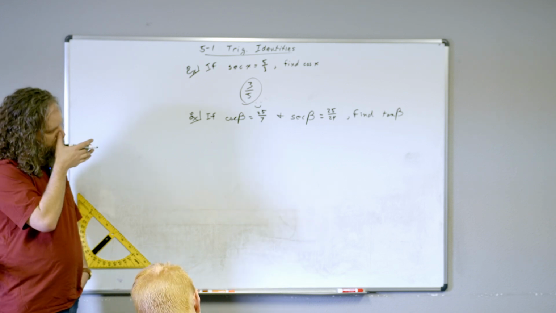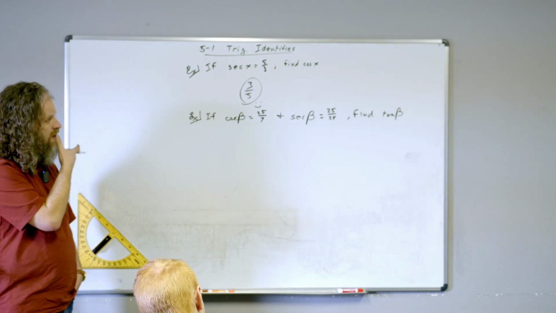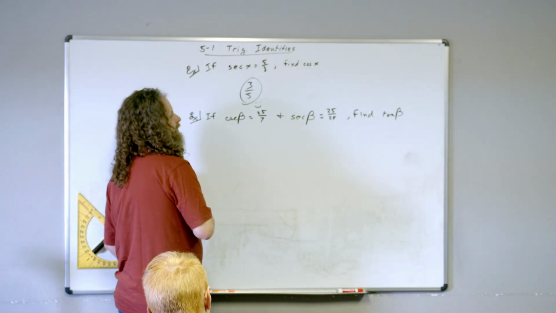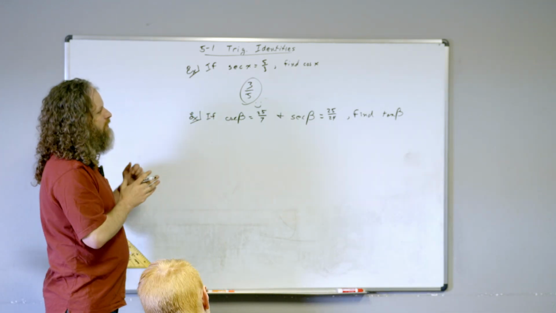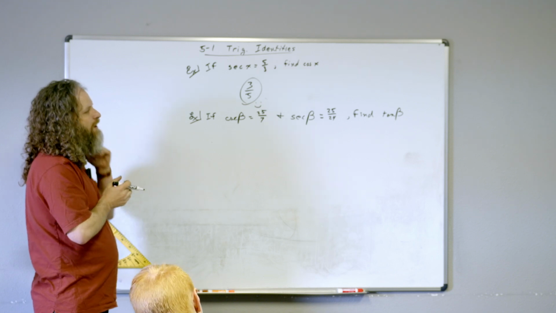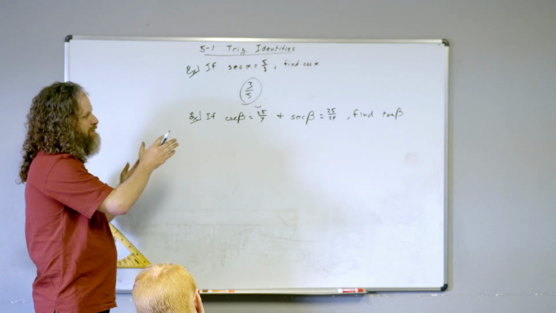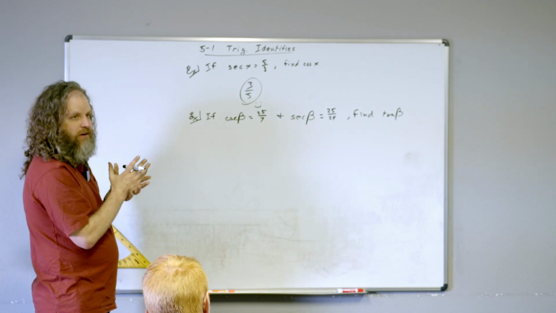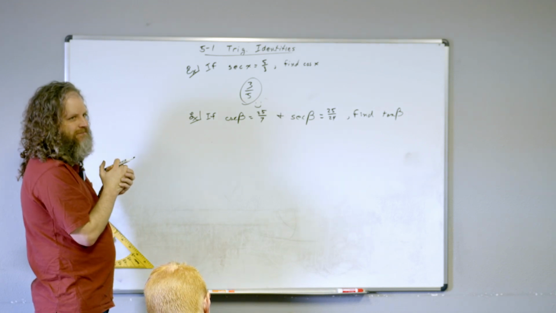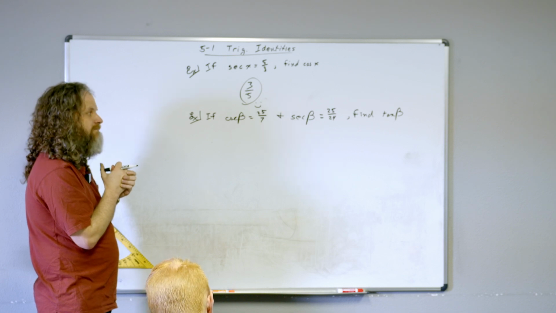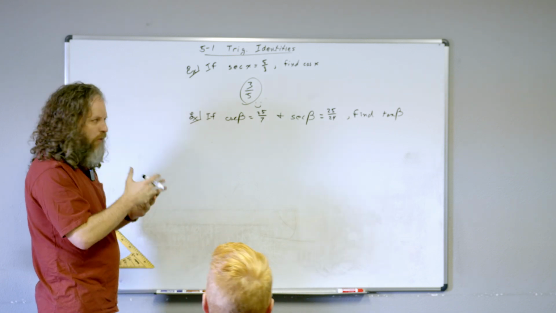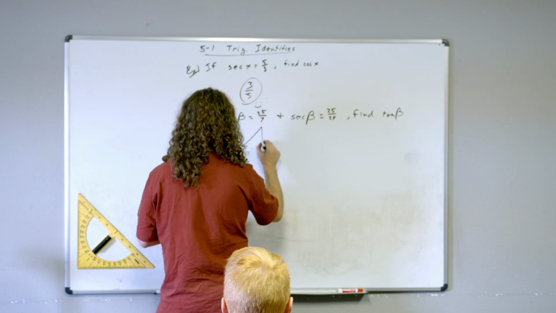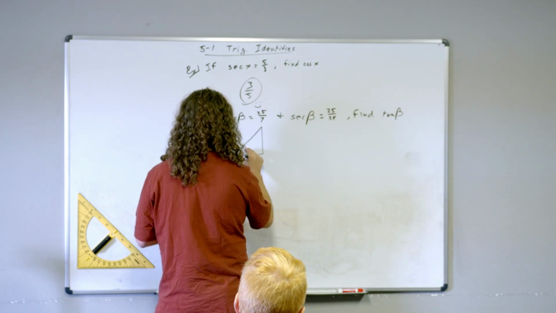You could approach it using identities and turn everything to sines and cosines. You could also try to write tangent in terms of secants and cosecants, right? Or what's your idea? Flip them both, turn them into sine and cosine, and put them on top of each other. You could do that. Or I think in this particular problem, it's easier to do it this way.